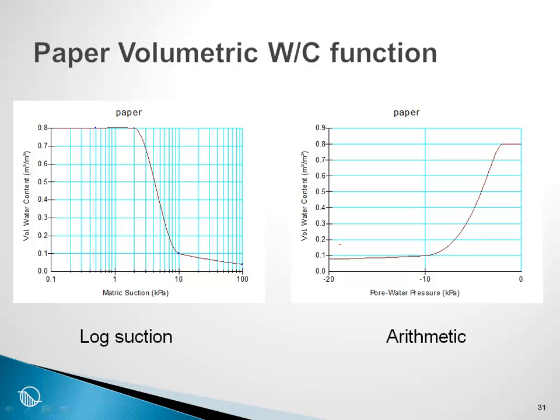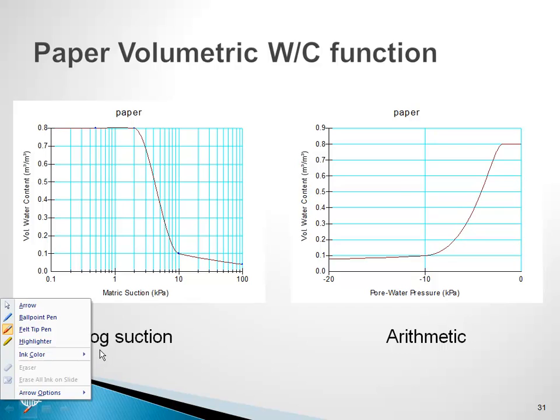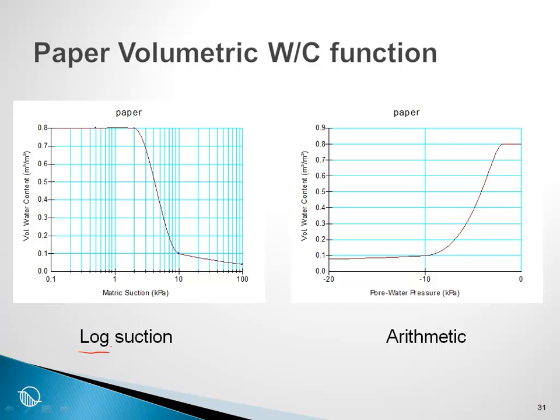Here are just different pictures of the computed volumetric water content functions. I won't spend any time on here, except that we often present these in terms of a log scale. If you plot them in terms of an arithmetic scale, you will notice that these functions are incredibly steep.